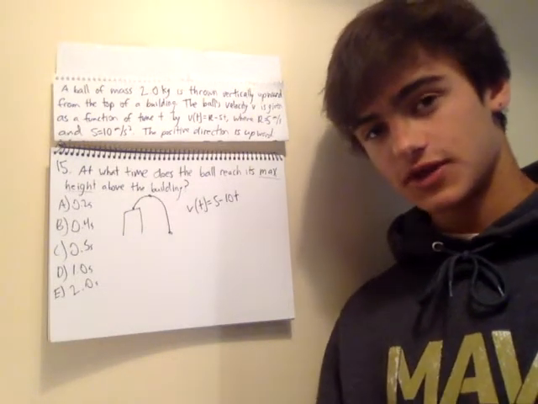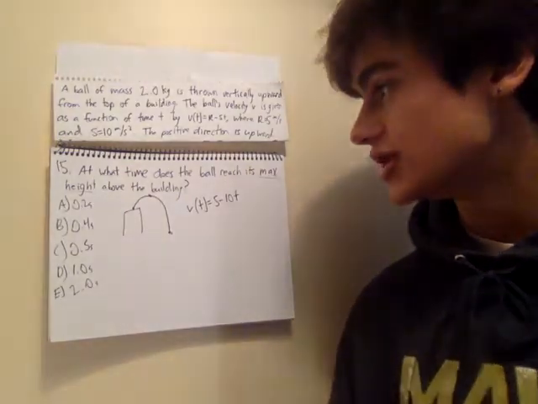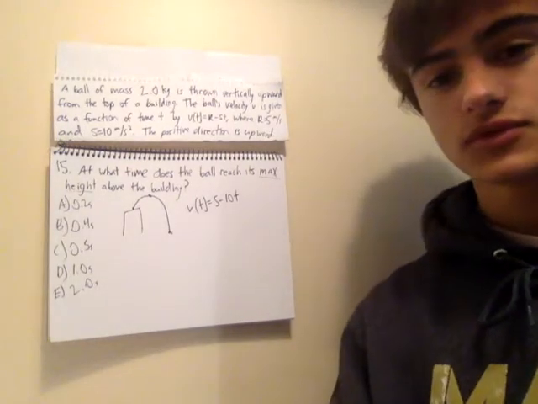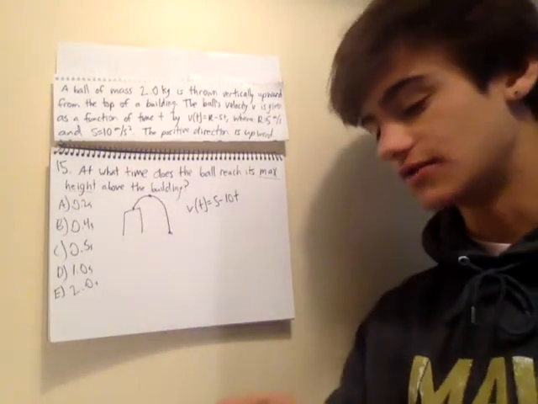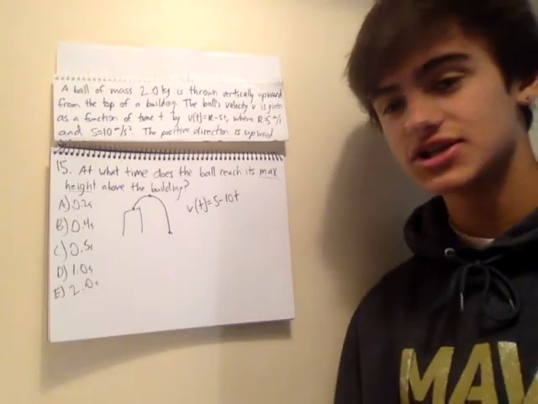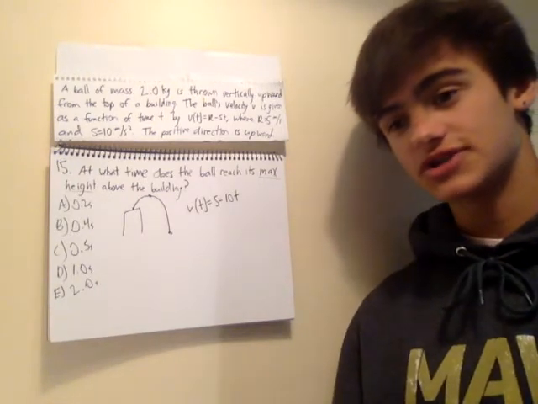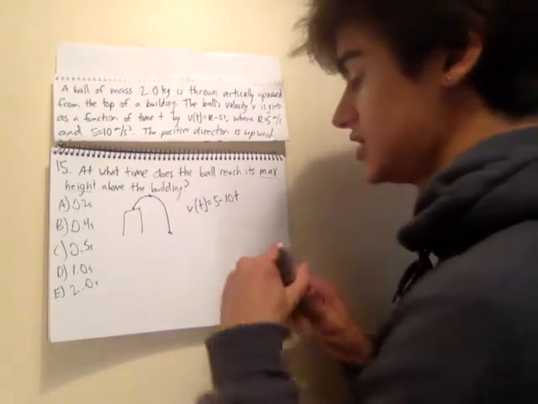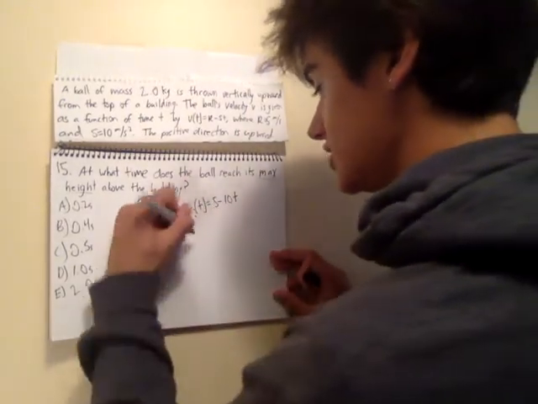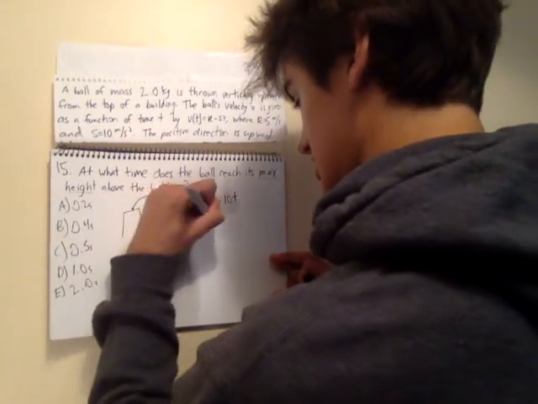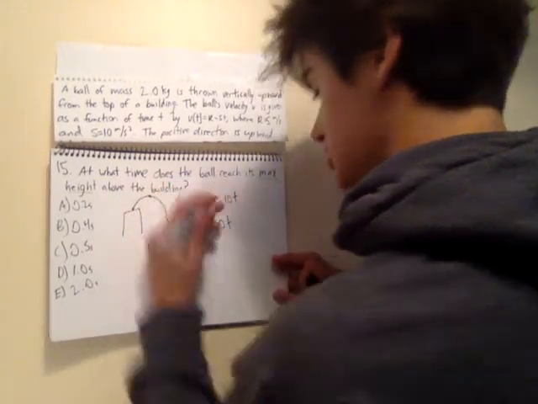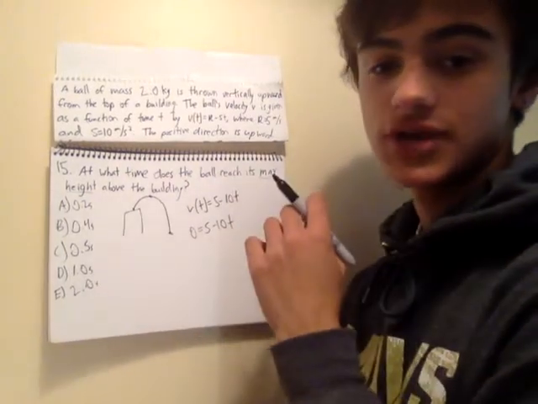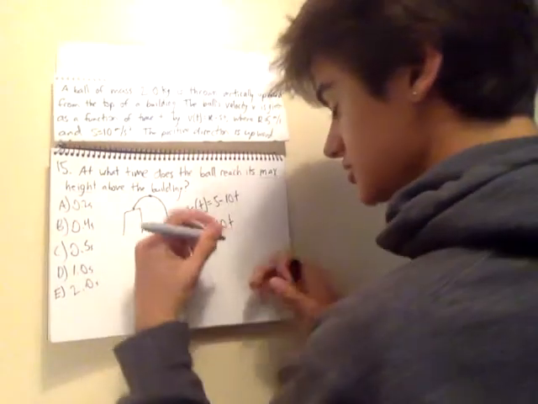It still has x velocity, the initial x velocity stays constant, but the y velocity, since it's been decelerating, it was positive, and now it's about to become negative, it hits 0. So for that moment, we know that we're going to be setting this equal to 0, because at that point, our velocity is 0. So once you do that, this makes it a pretty simple problem to solve.